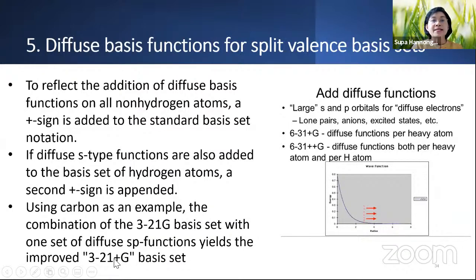That means the first plus allows the diffuse basis function on the non-hydrogen atoms, and the second plus means you allow the diffuse function on both heavy atoms and hydrogen atoms. For more simplicity, just add diffuse function after the standard split valence: 6-31G, or 6-31+G, or 6-31++G.